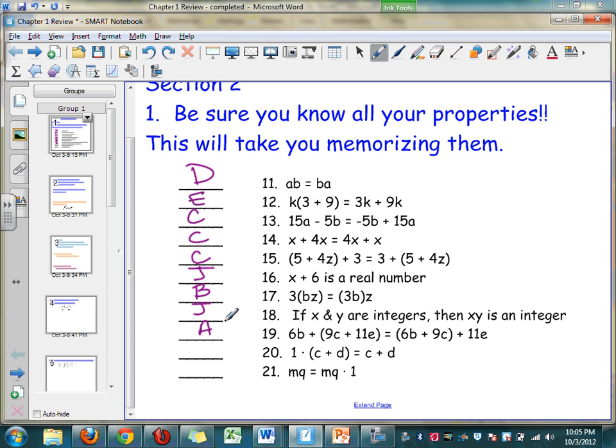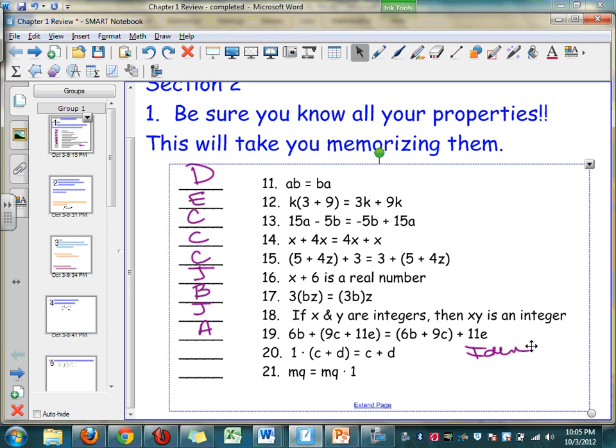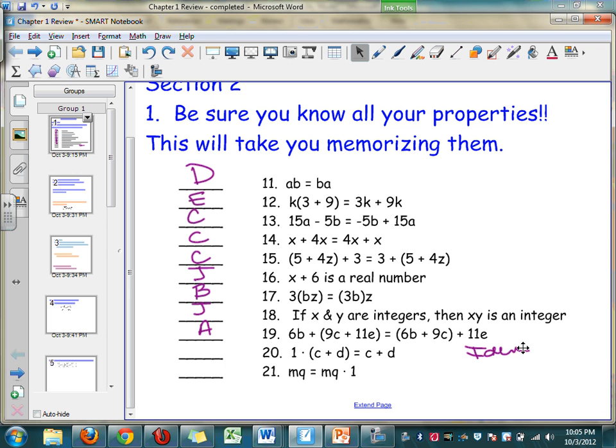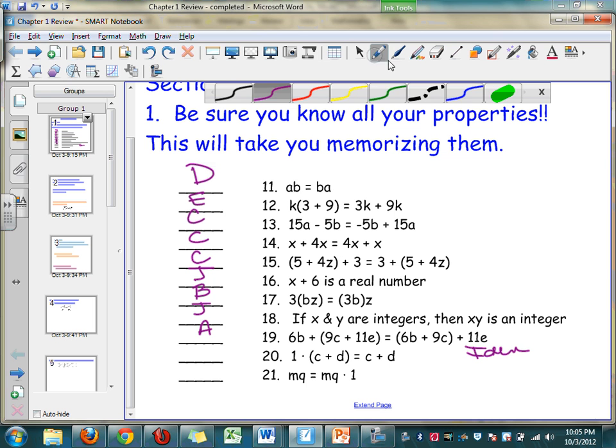Well, this is going to be either the identity, or it's going to be the inverse. So my question to you is, does it equal 1 or does it equal itself? It equals itself, so therefore it's getting its identity back, so therefore it's the identity property, not the inverse.